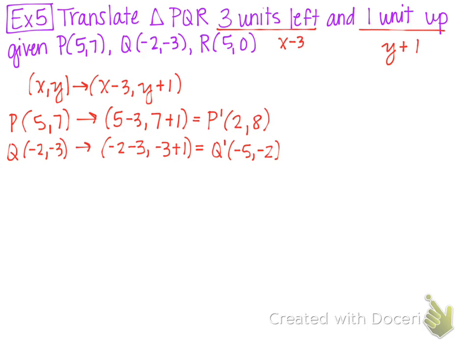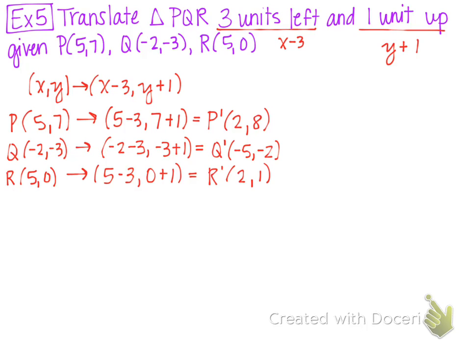And then lastly we have R, and R is originally at (5, 0). So we're going to take 5, subtract 3 from it, and 0, add 1 to it. So our R prime is at (2, 1).